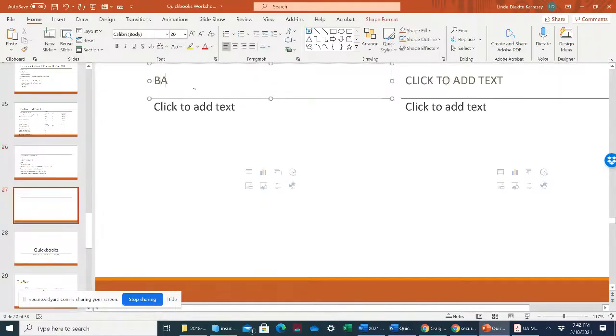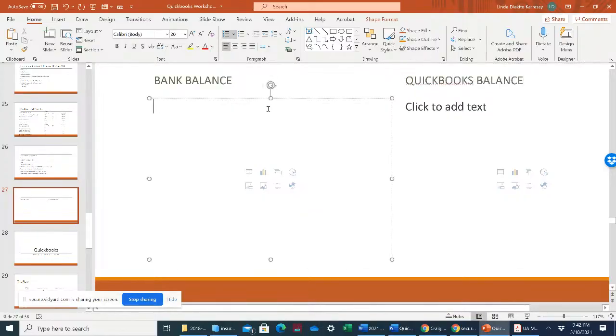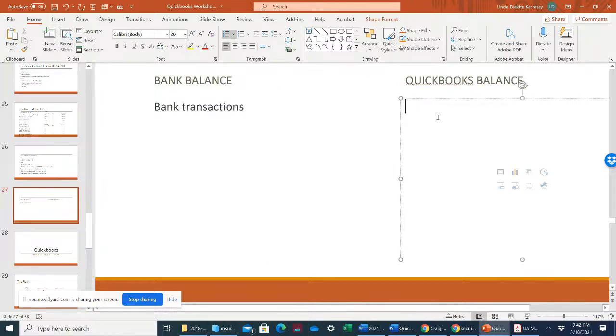So we have the bank balance, we have the QuickBooks balance. So remember, the bank balance is bank transactions. Of course, the QuickBooks balance is QuickBooks transactions.